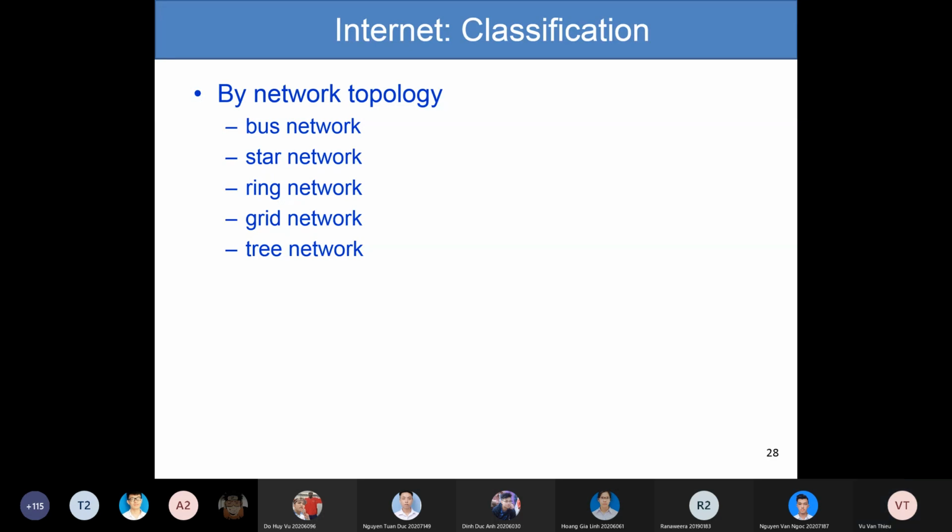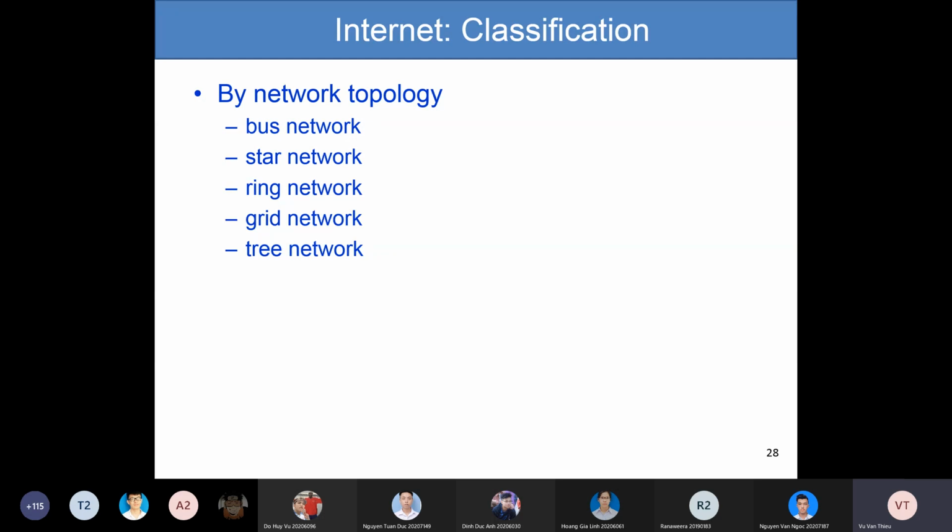It means there are two lines from each computer to the other ones. So if one line is disconnected, the network still works, but if two lines are disconnected, the network fails. About grid and tree, each computer is also connected to other computers through a number of lines. It means if some lines are disconnected, the network still works.